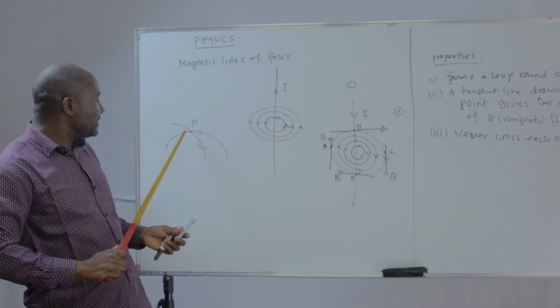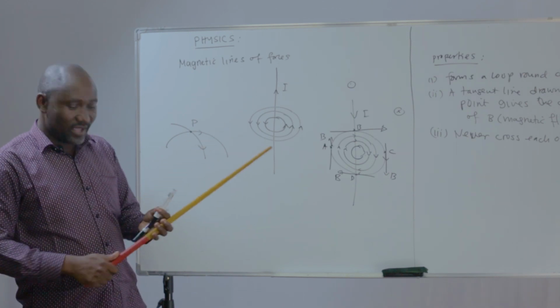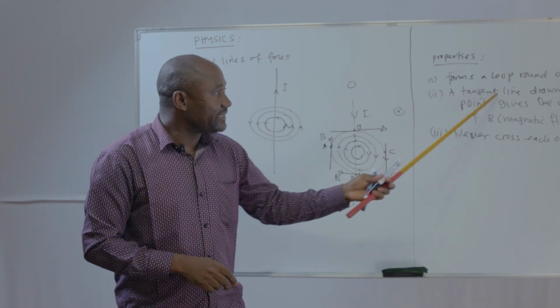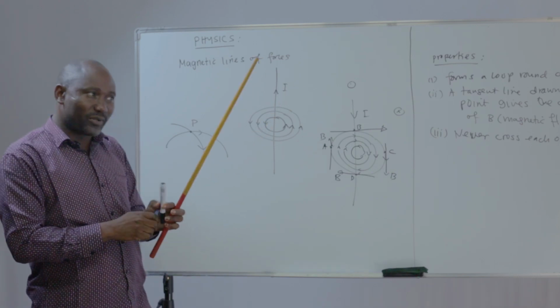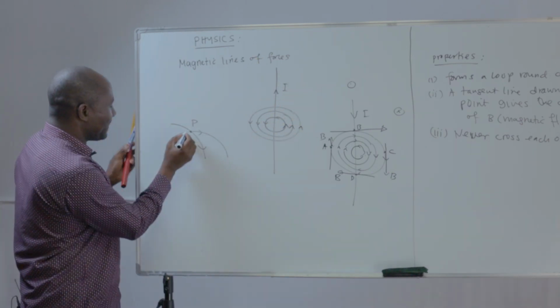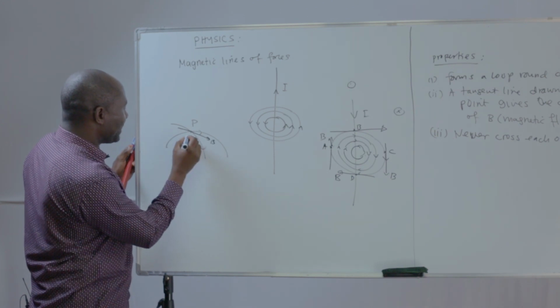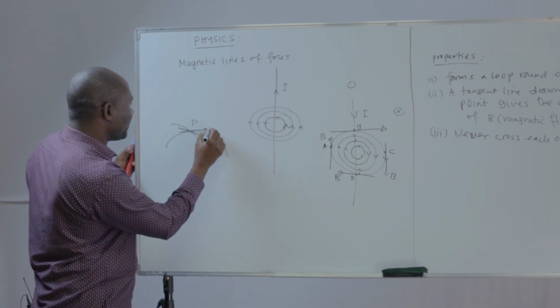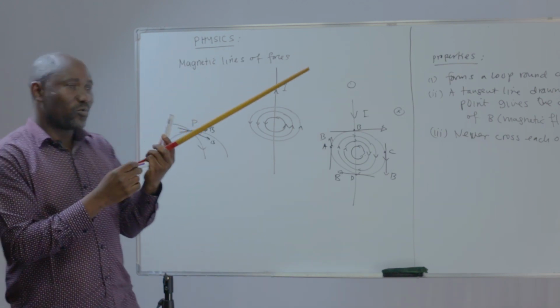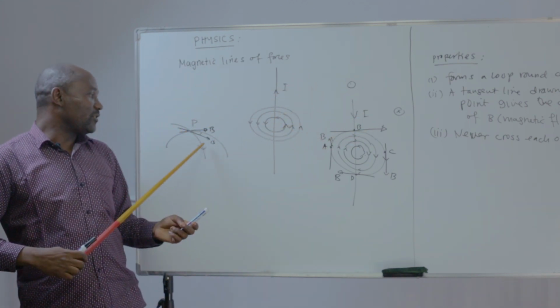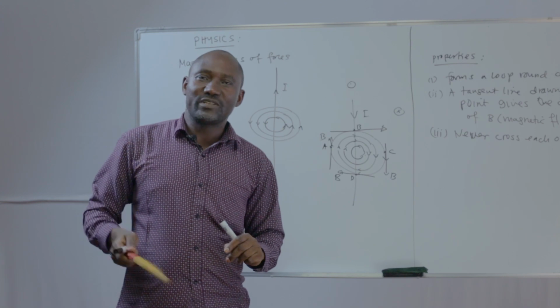Now suppose they intersect somewhere. This is the assumption. And you have seen that if you draw a tangent line at any point, if you choose this point here and draw a tangent line here, that's our B, and another here, that's our B. It seems that we have two directions of the magnetic field at a point, which is not possible.